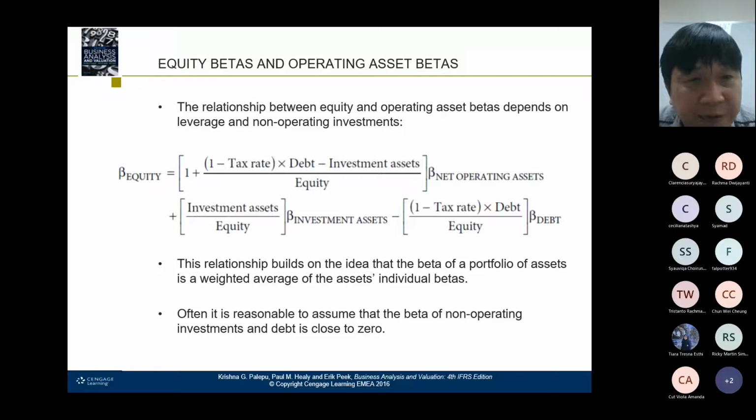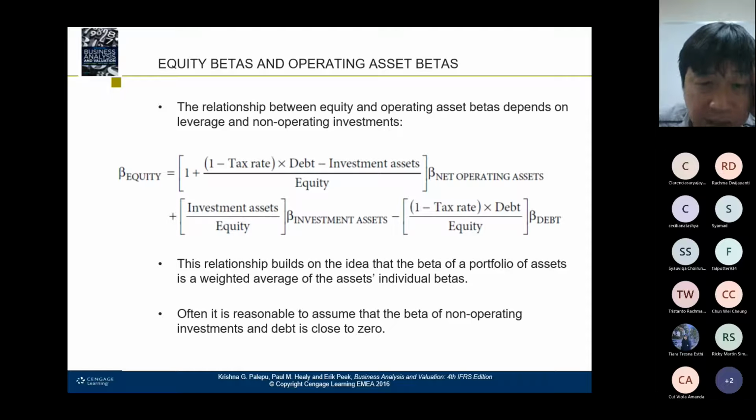The beta we can infer from the previous equation, and then the equity beta can be composed of the beta of net operating assets, the beta of investment assets, and the beta of debt, weighted respectively: 1 plus (1 minus tax rate) times debt minus investment assets, divided by equity, and investment assets over equity, and (1 minus tax rate) times debt over equity.